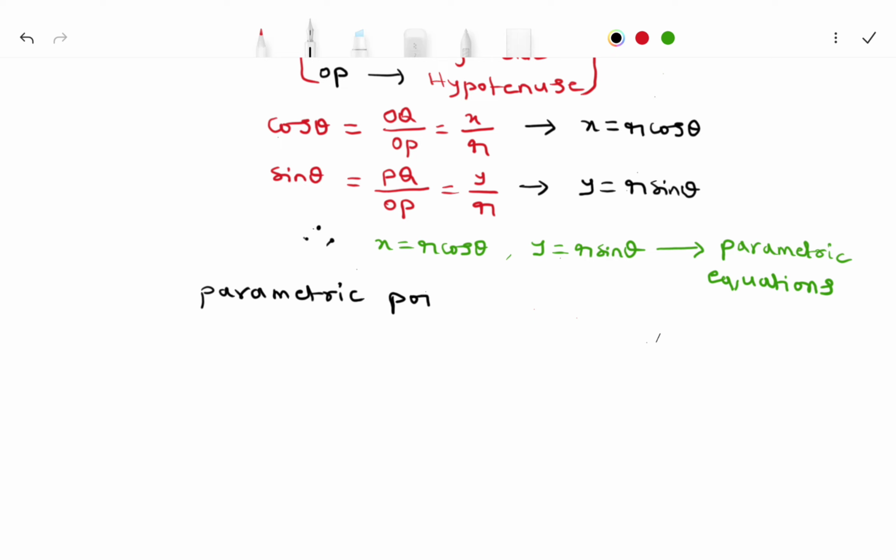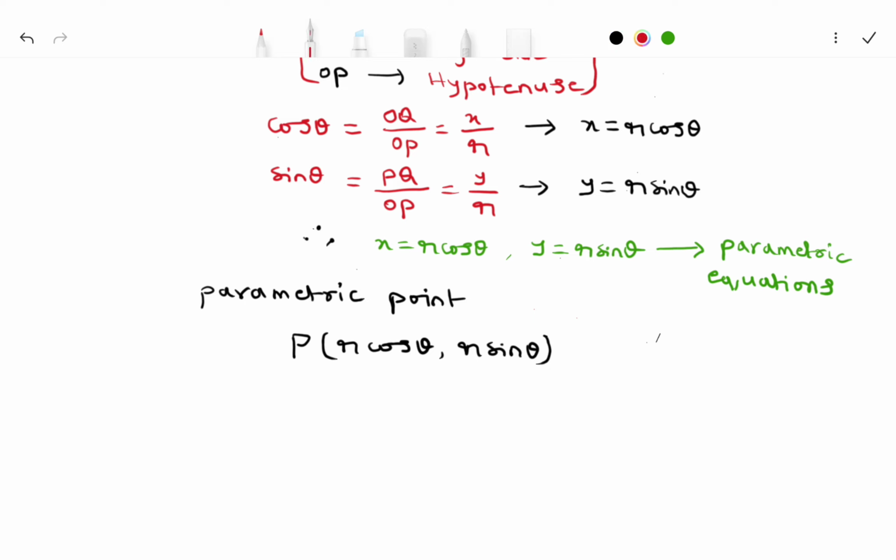Parametric point will be P is equals to r cos theta, comma, r sin theta.